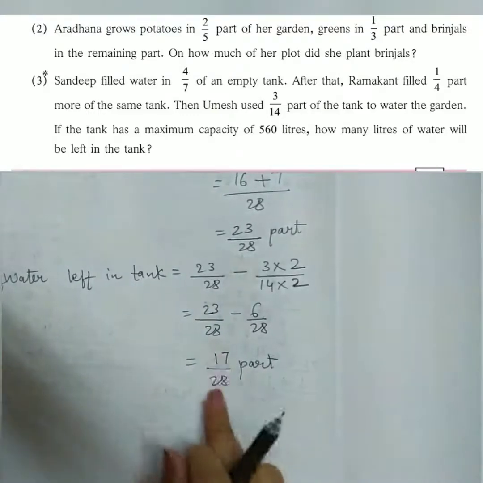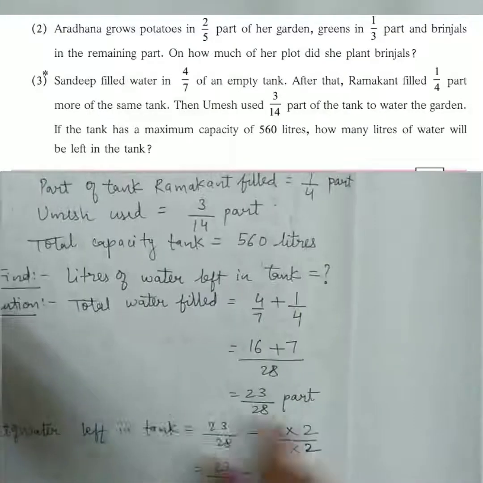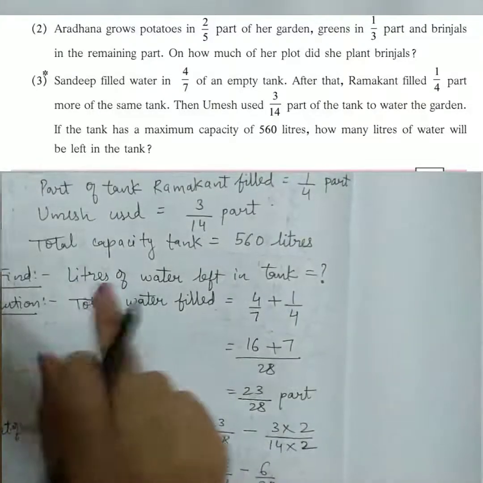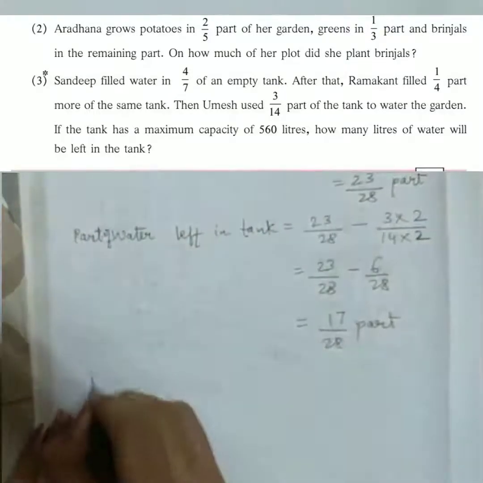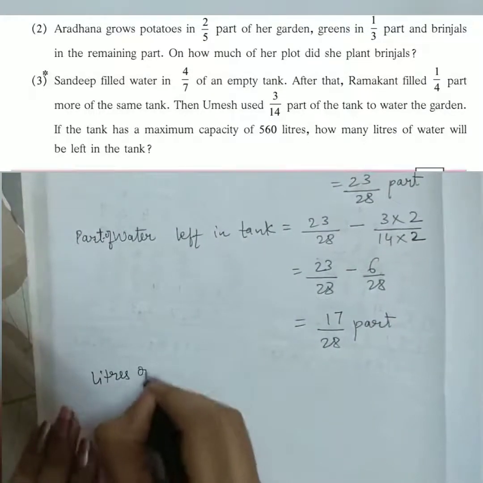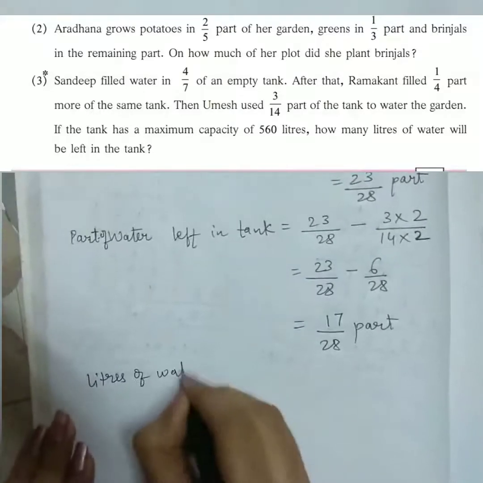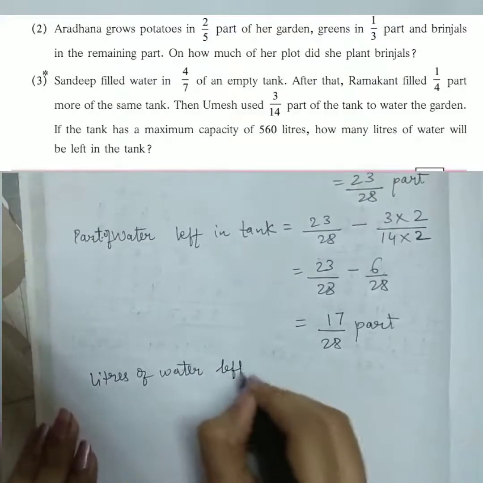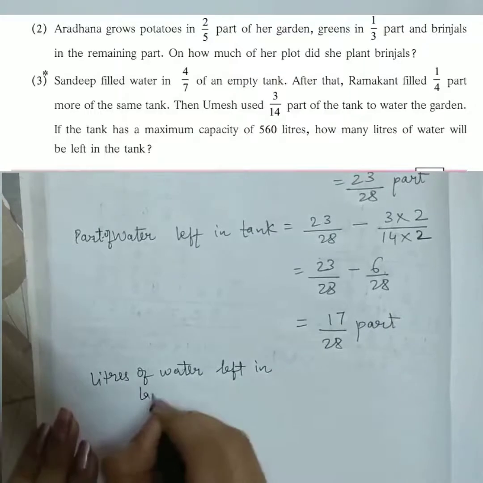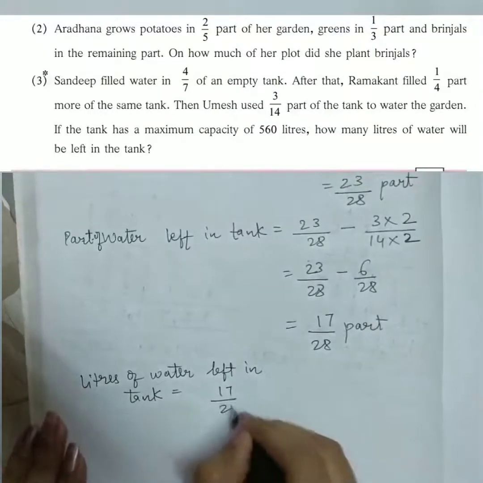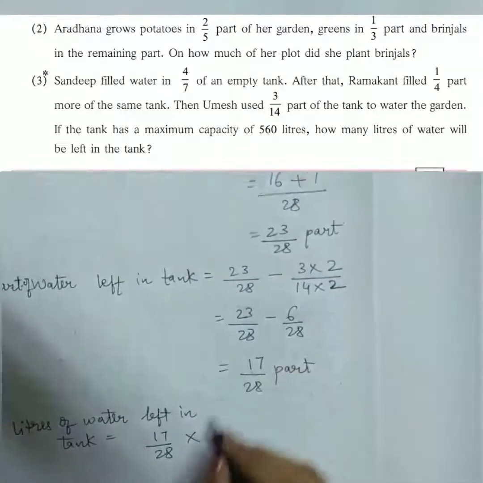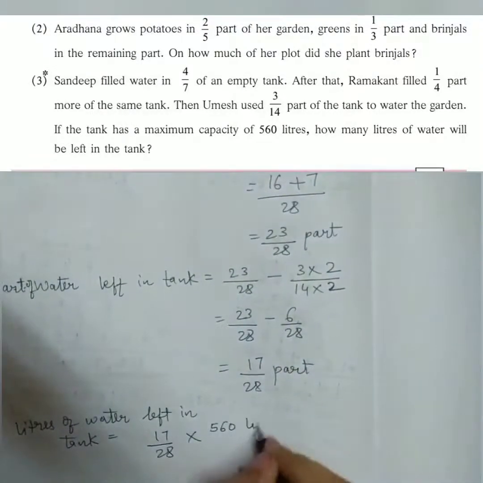But we don't want this in fraction. We want the answer in terms of liters. So how will we find this? Liters of water left in the tank: we will take 17/28 and multiply it by 560 liters.